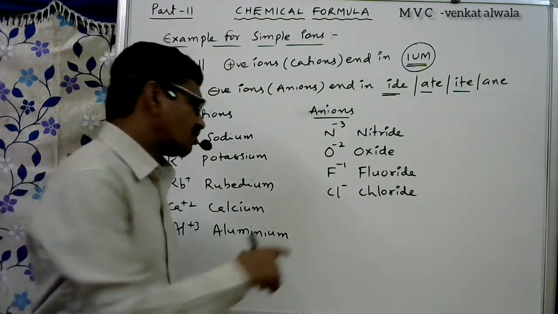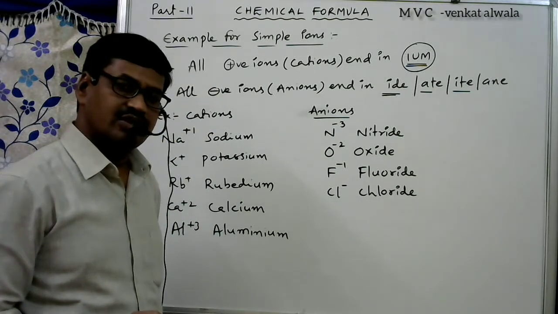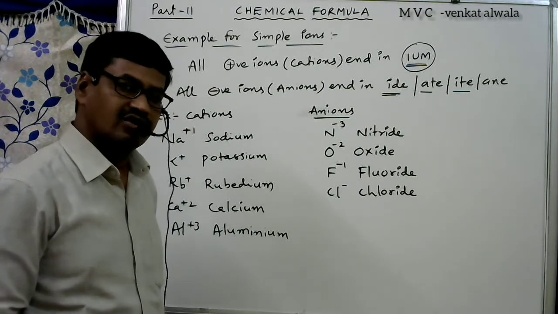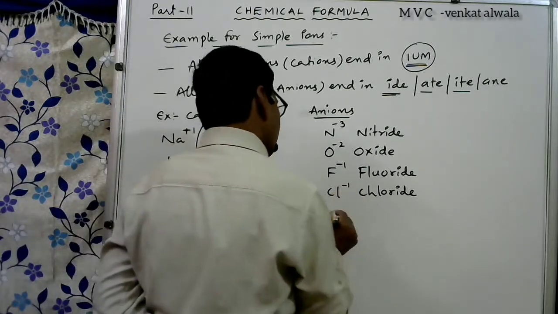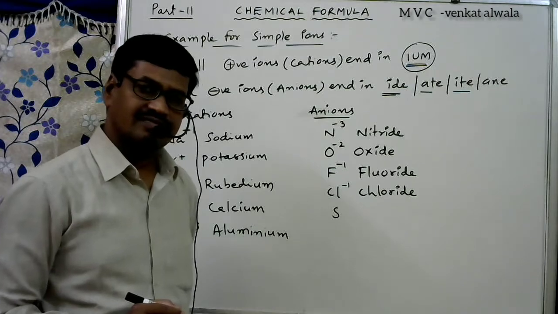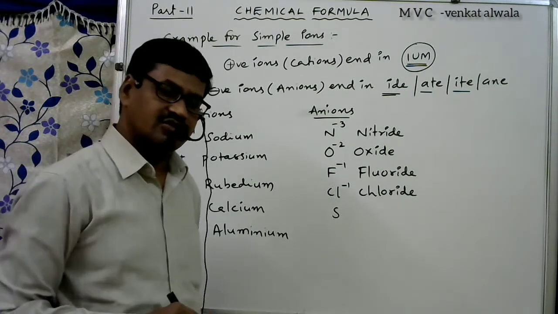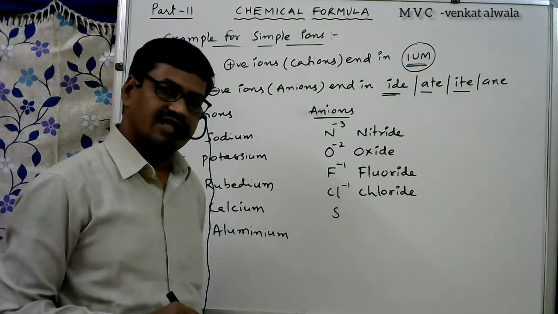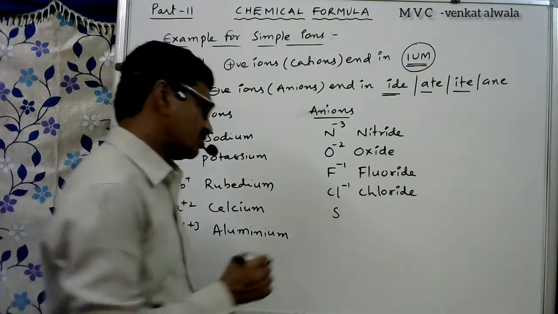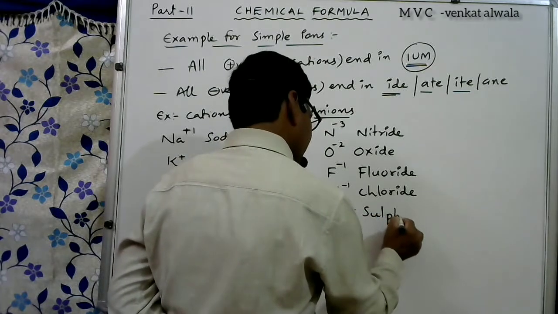After adding one electron, it will get a -1 charge and gets the ns2 np6 configuration of argon. Similarly, sulfur, the number of electrons in sulfur is 16. If I add 2 more electrons to this, it will get the 18 electron configuration of argon. So -2, this is sulfide, ide.